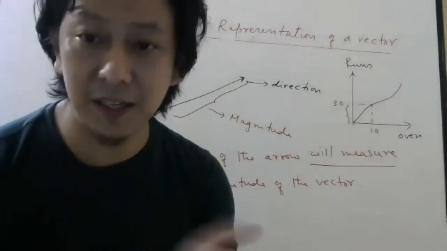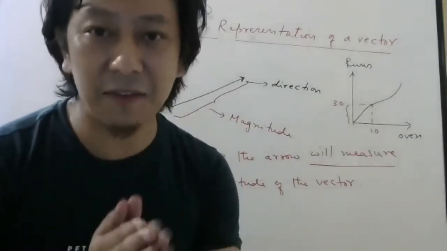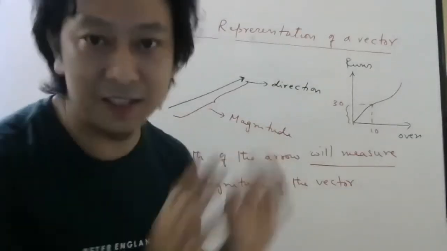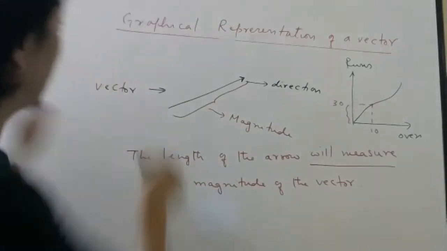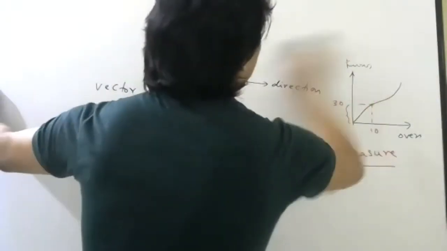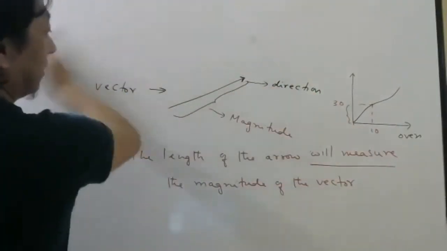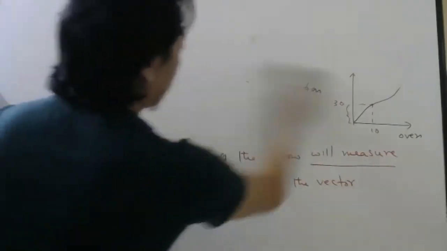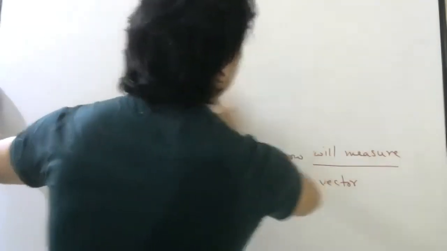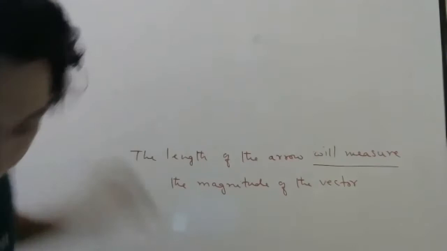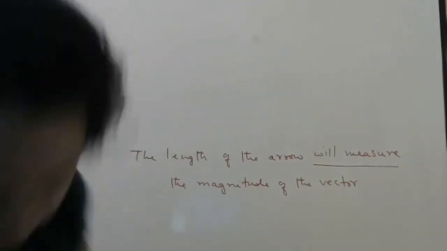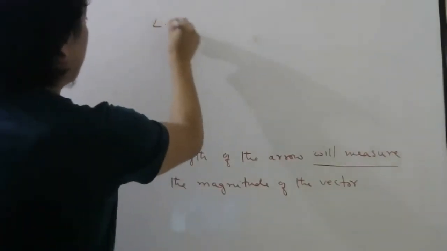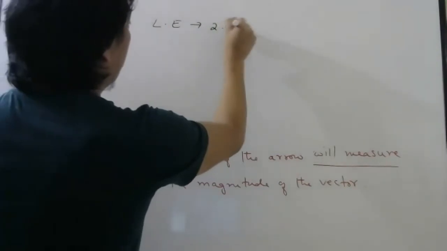If you have the material, you can see. If you don't have it, it's okay. I will read the question and discuss with you. So let us see the first question, learning exercise 2.4.